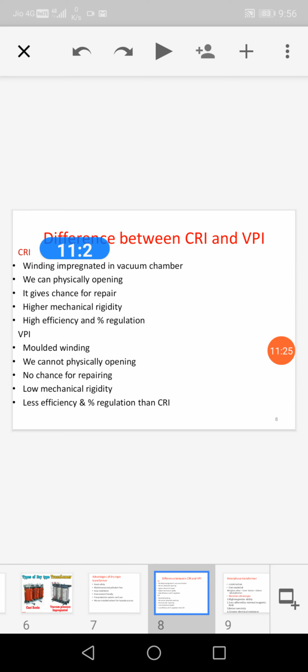And this is an important point between the CRT, meaning cast resin type transformer, and VPI, meaning vacuum pressure impregnated transformer, not CRI. Here the CRT transformer is needed, cast resin type transformer, meaning CRT, not CRI.